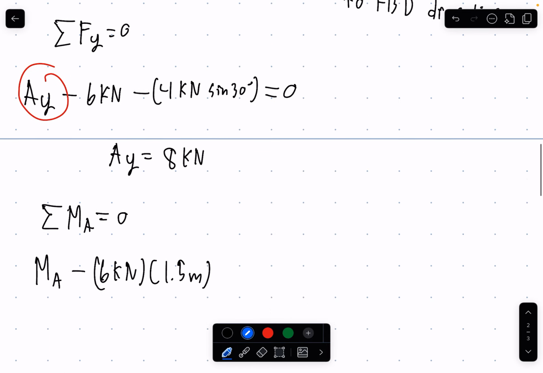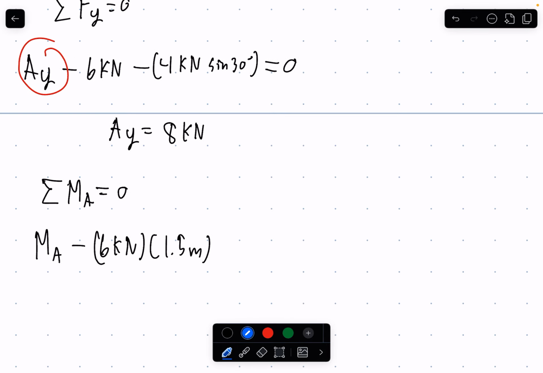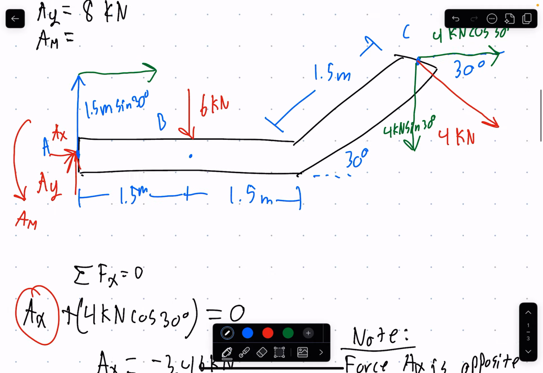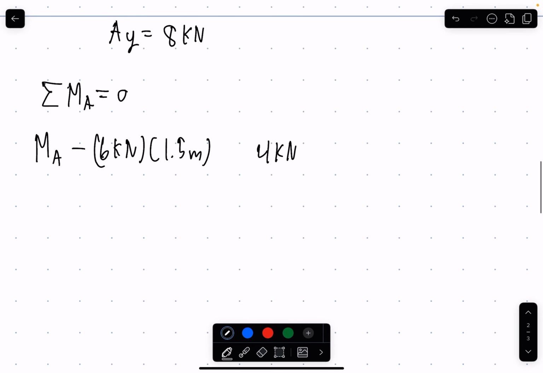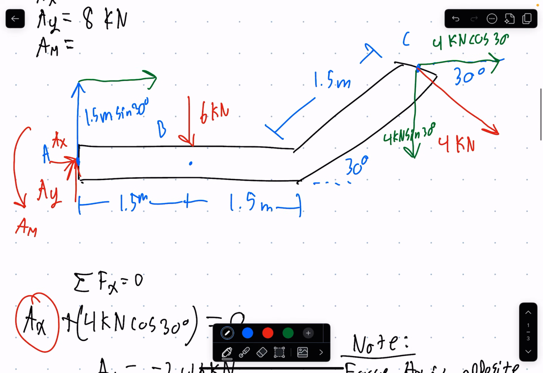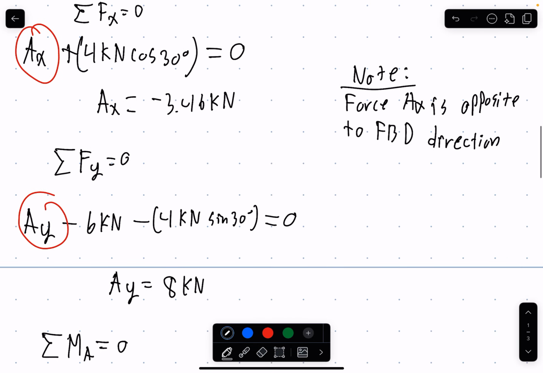So let's go write that down here. We have 4 kilonewtons, cosine 30. It'll be 1.5 sine 30 for our moment arm, 1.5 meters. And that's going to be in the negative direction there, using the right-hand rule.